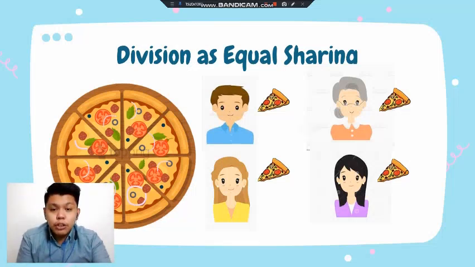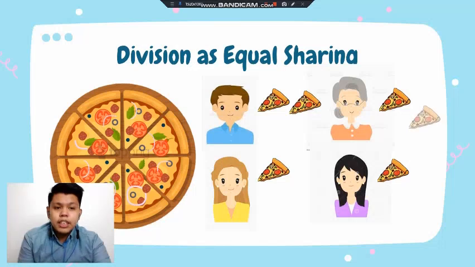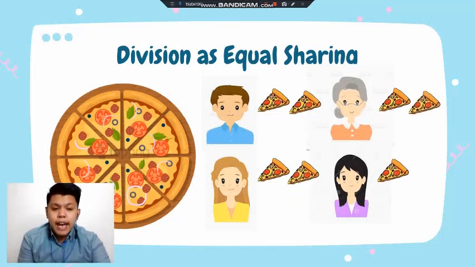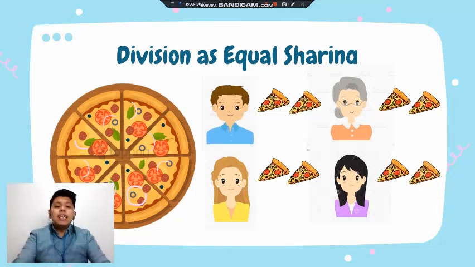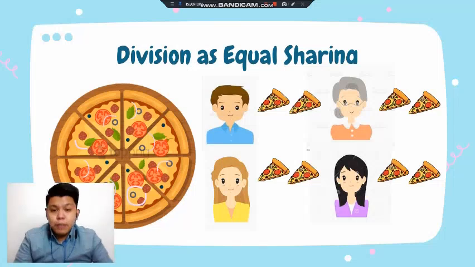So let's give another one to Tom, another one to Grandma, another one to Anna, and another one to Tina. So we equally give them two slices of pizza each. So that is division as equal sharing.